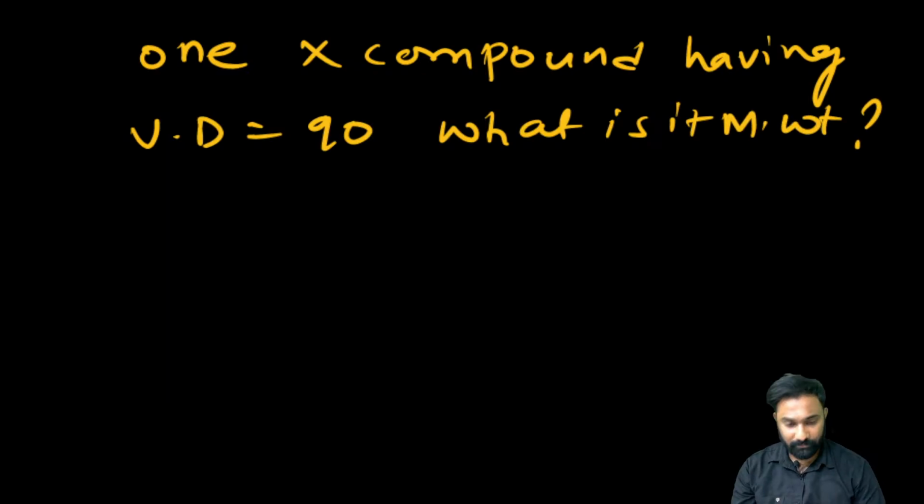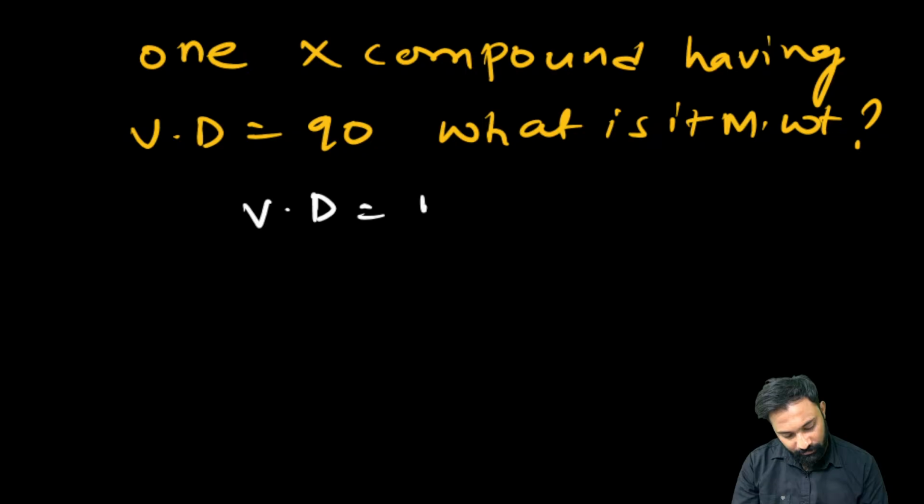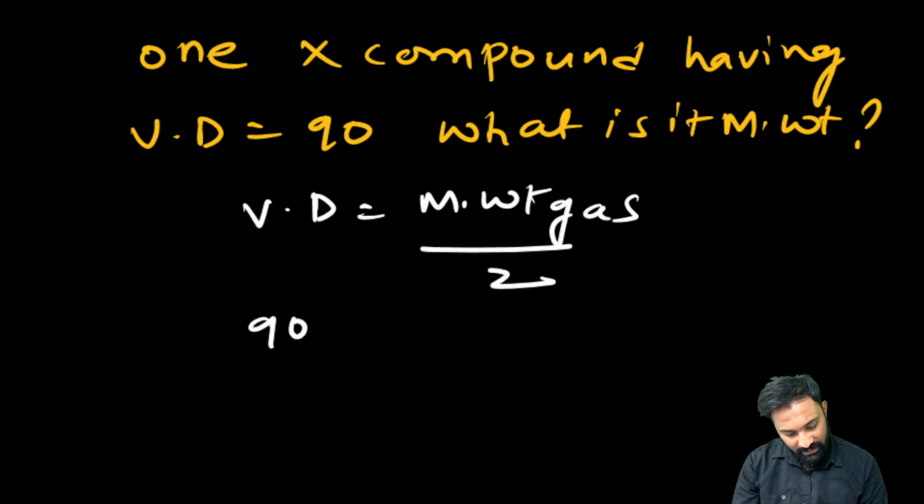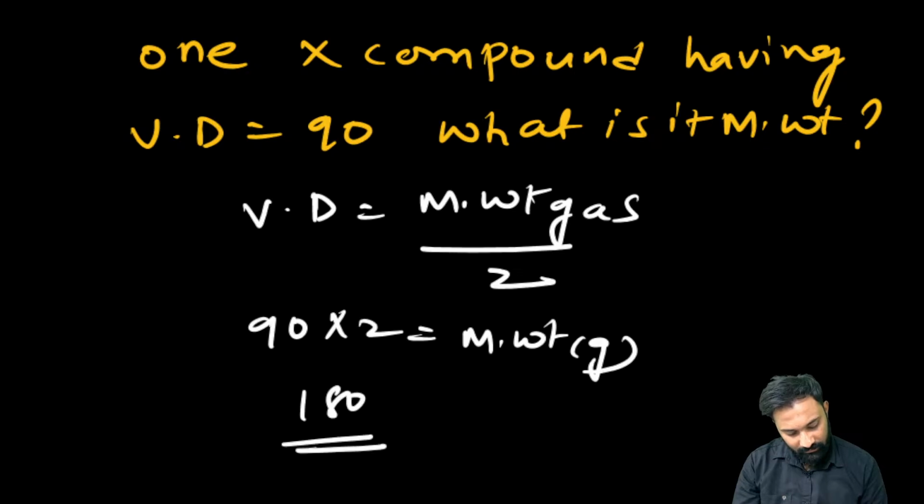Can anyone say the answer? Right, good. Vapor density is equal to molecular weight of gas by 2, so 90 into 2 is equal to the molecular weight of the gas. That will be 180. Right? Next.